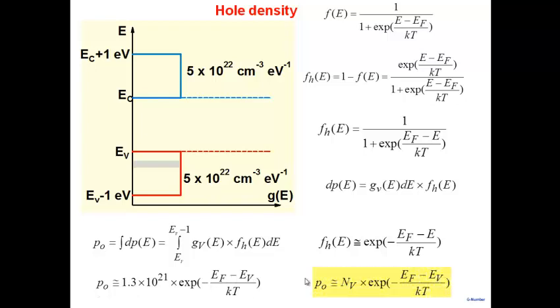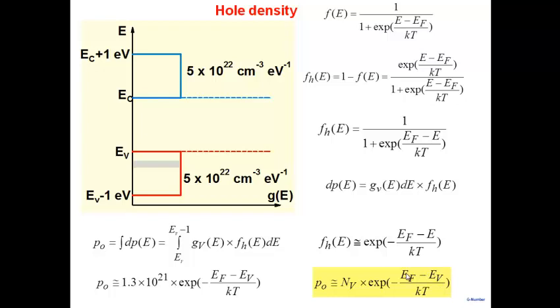Okay, another way of writing this is P0 equal to some effective density of states in the valence band, exponent minus EF minus EV by KT. So the number of holes depends on how far my valence band edge is from the Fermi energy. The number of electrons depended on how far EC was from EF, and the number of holes depends on how far EV is from EF here.